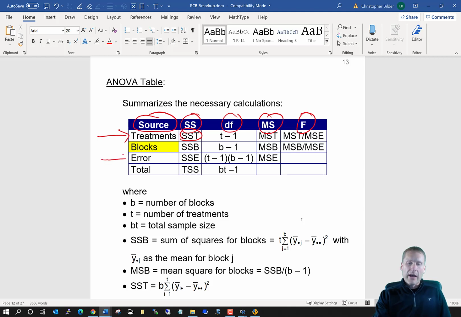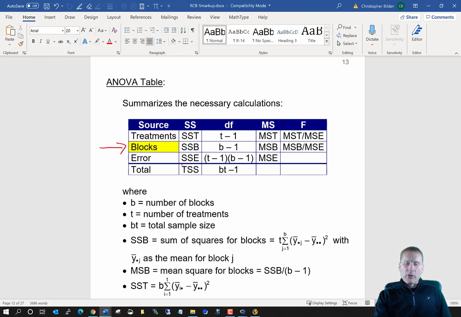We're also going to have a source of variation called error. And corresponding to error, once again, we're going to have sum of squared errors. And then in the last row, we have a total, which is going to be the sum of all the sums of squares. Okay. But now we have a new element to our table called blocks.